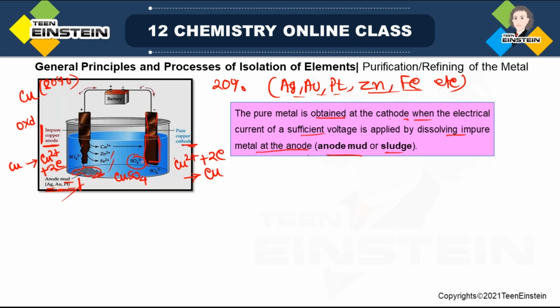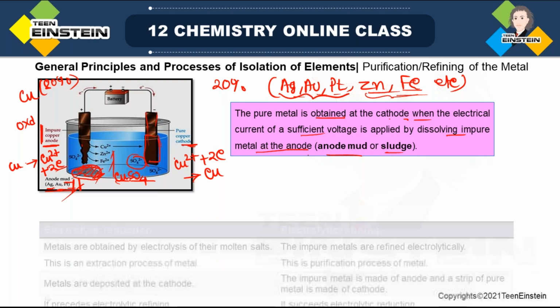So as they are in the zero state, they cannot be in the copper sulfate electrolyte solution that you have taken. They cannot remain in the form of cations. They are already in metallic state, so they will not be dissolved in this solution and they will be deposited here. But the other impurities like zinc and iron will be in the form of cations. So that is why they are in the solution medium. But not silver, gold and Pt.